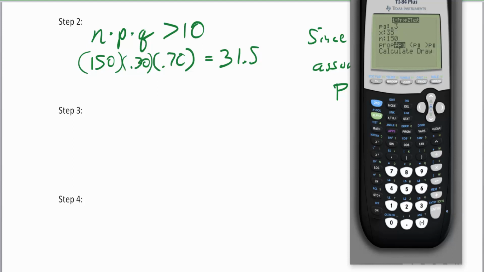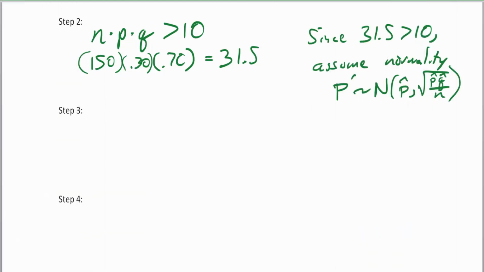Okay? So we want under, so we're going to go less than, click on that, and then we're going to go to Draw to make sure we have the right picture. I usually don't even bother with Calculate because this gives us everything we need. We got our z-score of negative 1.7817, and we have our p-value at 3.74%. So let's now draw that picture.